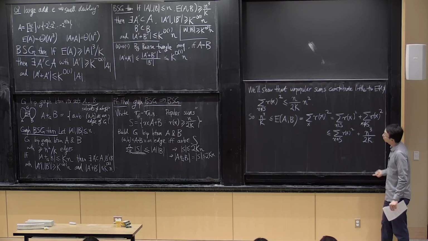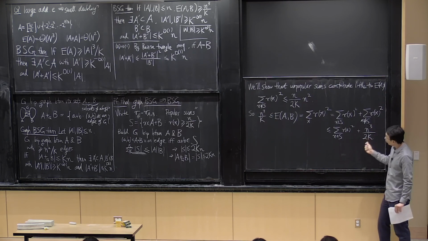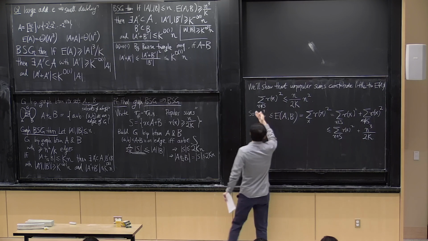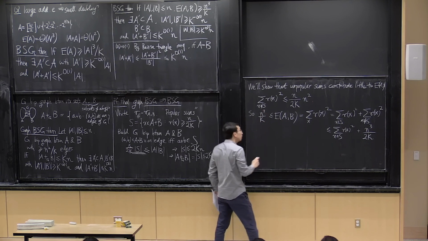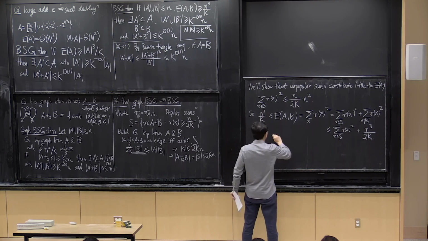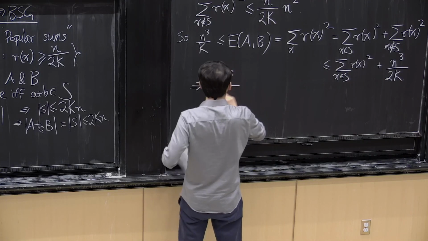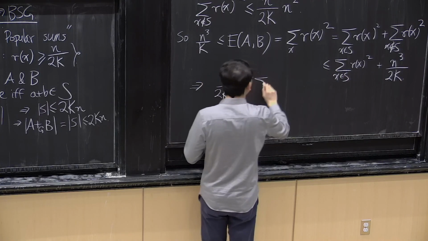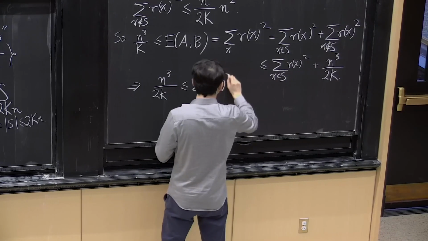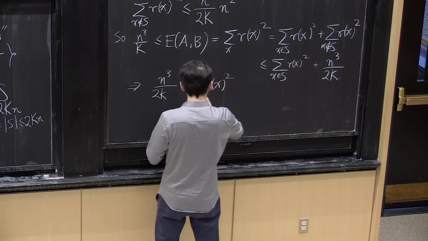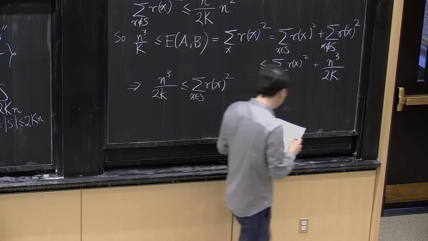So as a result, bringing in this small error term, it doesn't cancel much of the energy, so we still have a lower bound on the sum of the squares of the r's in the popular sums.